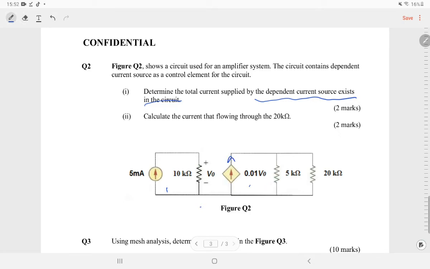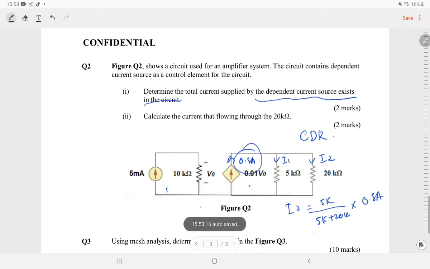So this is your current, which is 0.5 ampere. So we want to know the value of current over here. Let's say I name this one as I1, this one as I2. So from here, we know that by applying the current divider rule, you can find the value of I2. Okay, so that means I2 equal to 5K over 5K plus 20K times your I total, which is 0.5 ampere. So you will get the value, right?